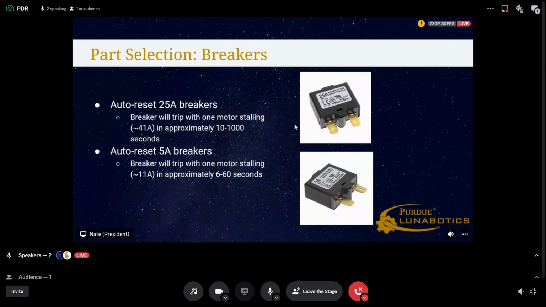Given that, you probably have to size these so that they're not going to trip during nominal. So would you characterize the breakers as truly stall protection for the motors, or more just short circuit protection? Because if it stalls for 10 seconds, you view that as high risk of motor damage.